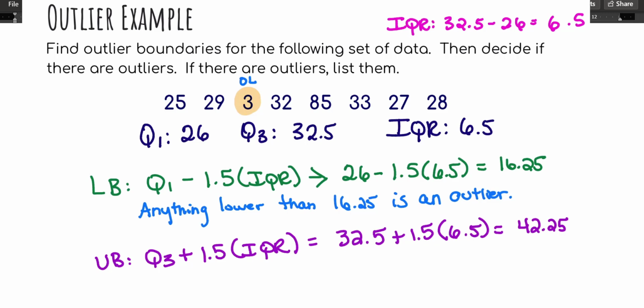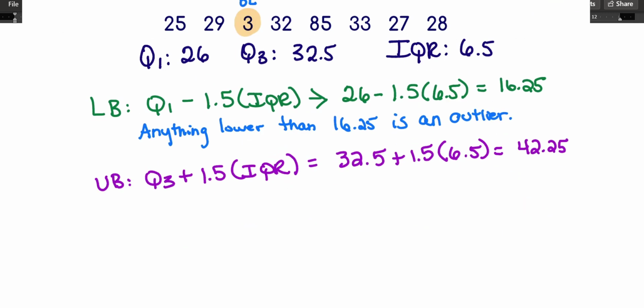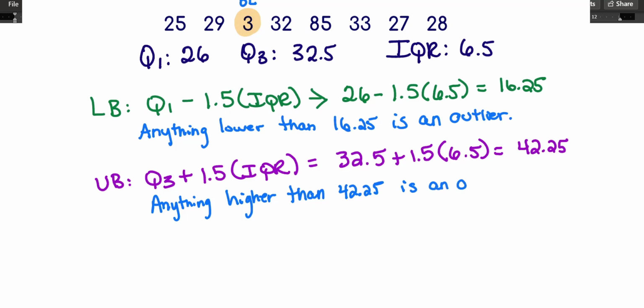So again, anything higher than 42.25 is an outlier. So are there any numbers bigger than 42.25? It looks like 85 would be an outlier.